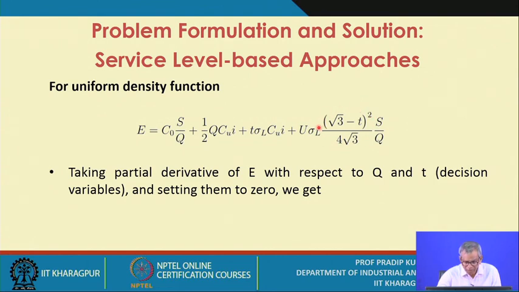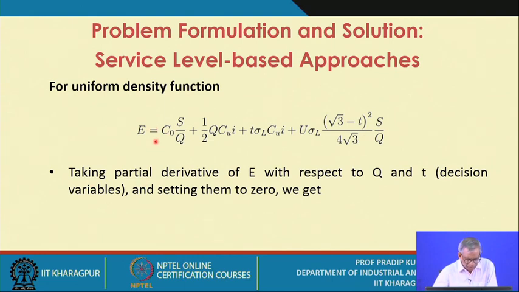Obviously you know what is sigma L, and this is the expression for Fr. Fr is essentially Nr by sigma L. So this is root 3 minus t whole square divided by 4 root 3 into S by Q. That means for each order cycle, the expected number of units short is multiplied by the total number of order cycles in a year.